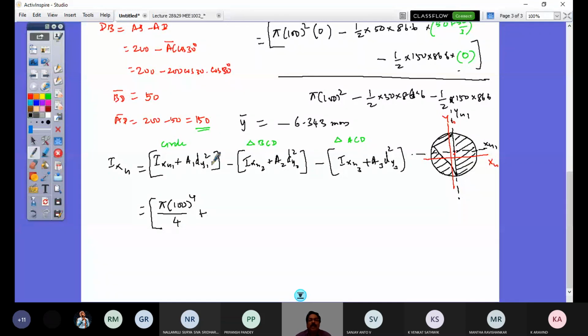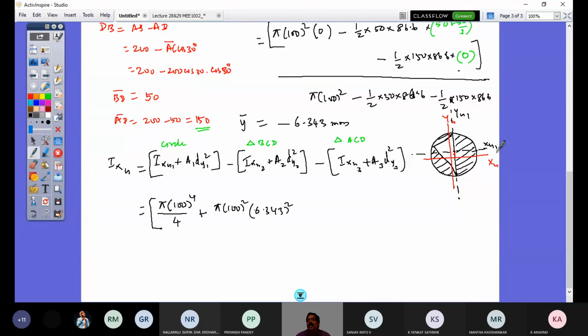So this area of the circle, once again, pi into 100 square is the area of the circle. dy1 is this distance. That distance is what we have calculated as minus 6.343. So substitute that here. 6.343 square. So minus square is plus.